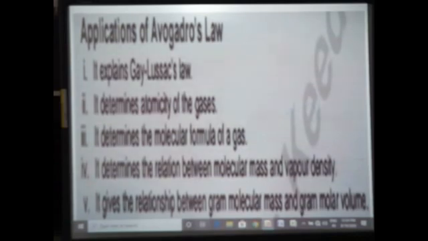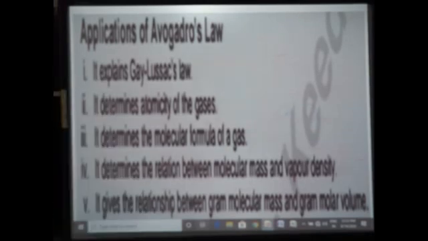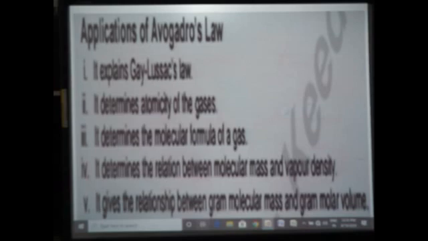Then number 2, it determines the atomicity of the gases. So Avogadro's law helps us to determine the atomicity of the gases. Number 3, it determines the molecular formula of the gas. So in higher applications, Avogadro's law can be used for determining the molecular formula of the gas also.